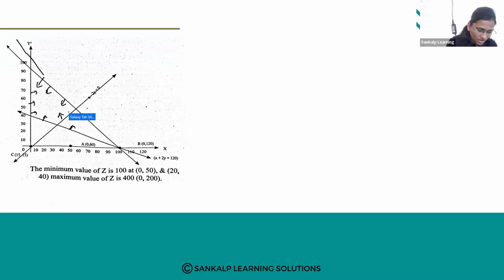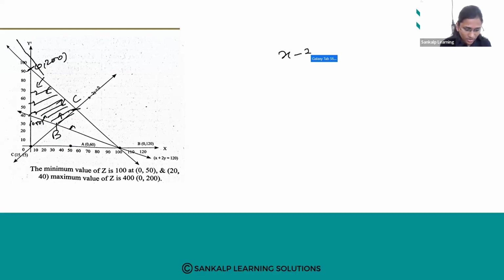So this is your visible region which is bounded. So this 0,200 is one corner point, this 0,50 is another corner point, and this is the intersection point. Now if we call this C and this B, C is the intersection point of x minus 2y equals to 0 and 2x plus y equals to 200.